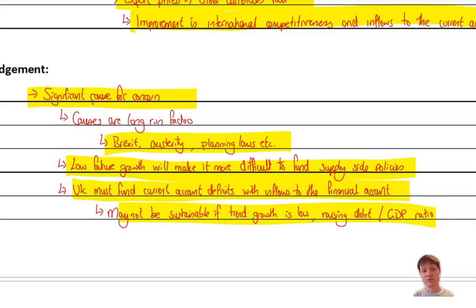And if our trend growth is low due to low productivity, if we have lower tax revenue in the future, if our companies are not making the same level of profits that they would otherwise do, then this is a real issue. And therefore, I would really go for this judgment and say this is a particular cause for concern.